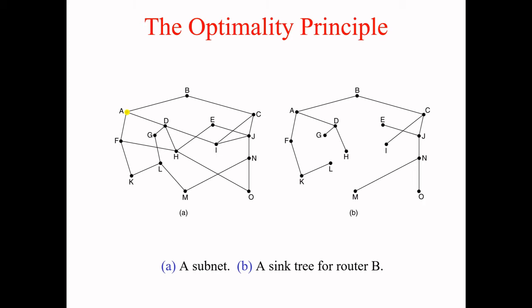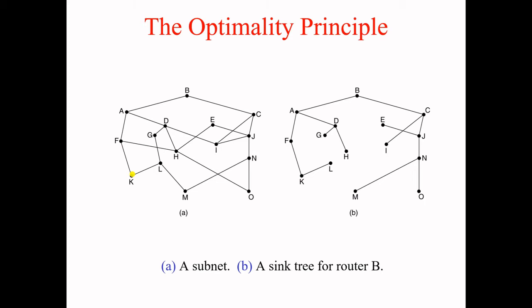It may be the case that if router J is on the optimal path from router I to router K, we are talking about this router J. Router J is on the optimal path from router I to router K. There can be so many paths.